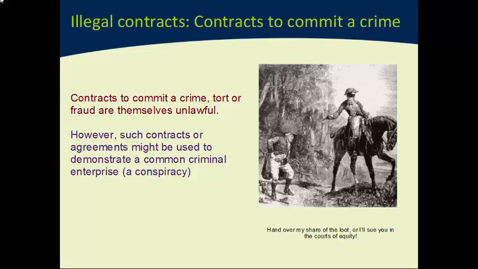A conspiracy is a mutual or a joint criminal enterprise, and having agreements about conducting a criminal enterprise starts to look a lot like conspiracy. So not only will the courts not enforce an illegal contract, but the nature of an illegal contract may well result in much more significant consequences for the participants in that contract.